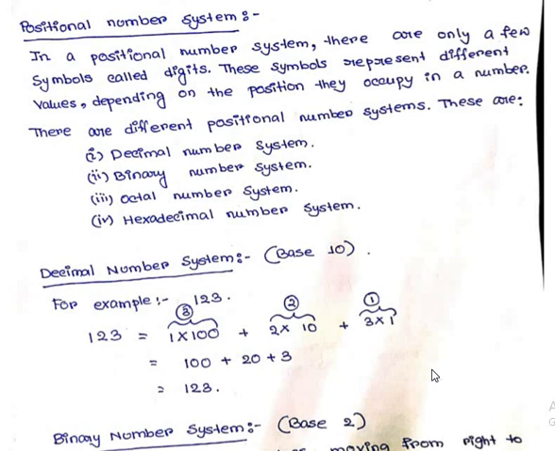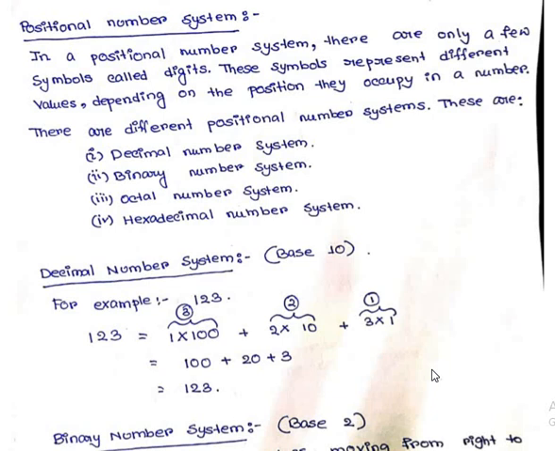Up to this lecture we are very familiar with two terms: decimal number system and binary number system. Let us start with the decimal number system. What we use to represent our data is called the decimal number system. The base of the decimal number system is 10. How will I understand the base is 10?